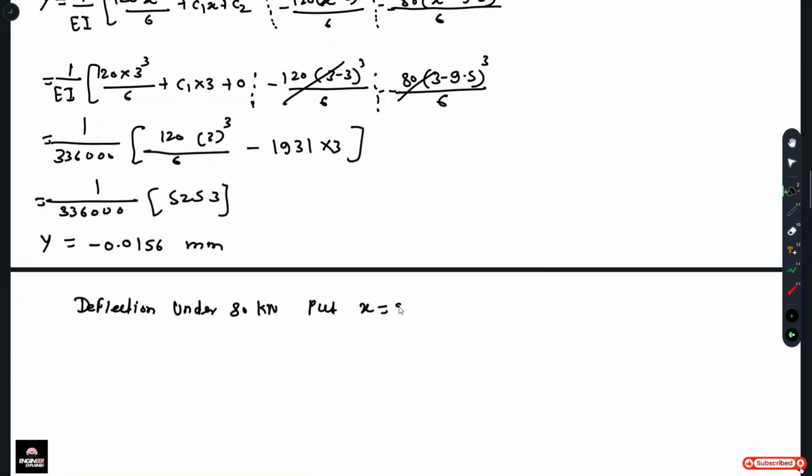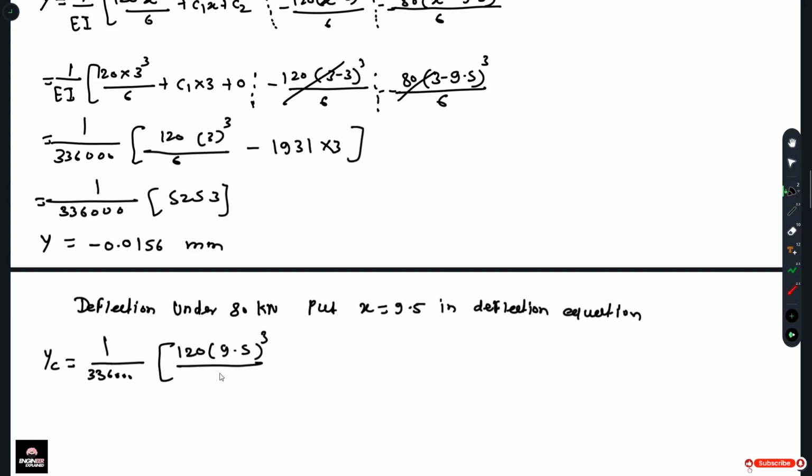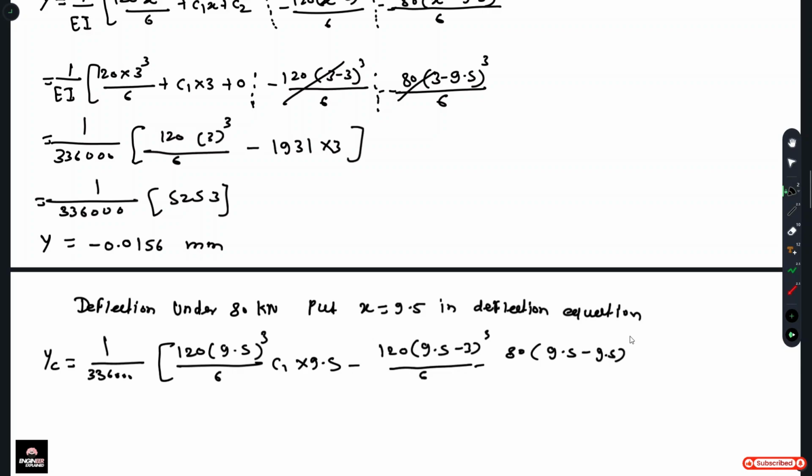Now the deflection under the 80 kilonewton load. Put x is equal to 9.5 in the deflection equation and we get yc is equal to 1 upon 336000 multiplied by 120 times 9.5 cube upon 6 plus C1 multiplied by 9.5, and C2 becomes 0, minus 120 times 9.5 minus 3 cube upon 6, minus 80 times 9.5 minus 9.5 cube upon 6. 9.5 minus 9.5 is 0, and 0 multiplied by 80 is 0, so that term becomes 0.